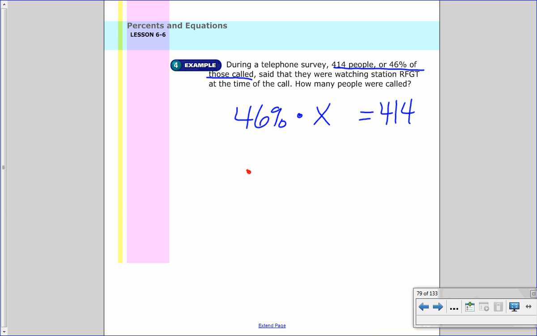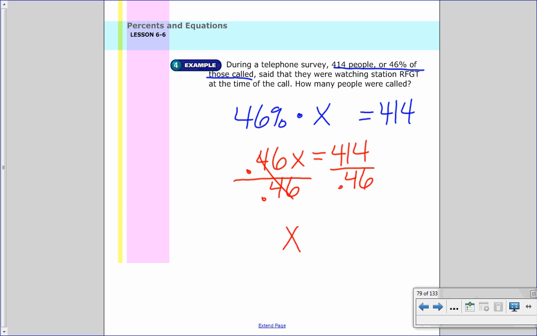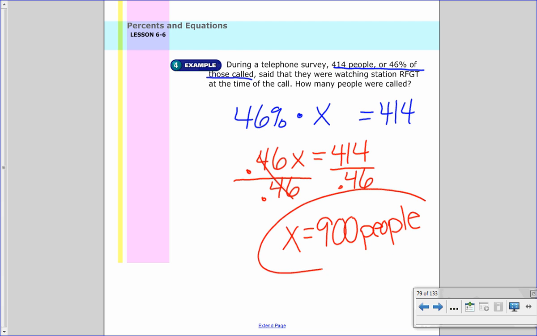First step, change that percent to a decimal, and I'm rewriting it. Then I go ahead and solve. I have 46 hundredths times x, so to get rid of it, I divide. When you divide this out, you get x is 900, and it's a word problem, so 900 people. And that would be your answer.